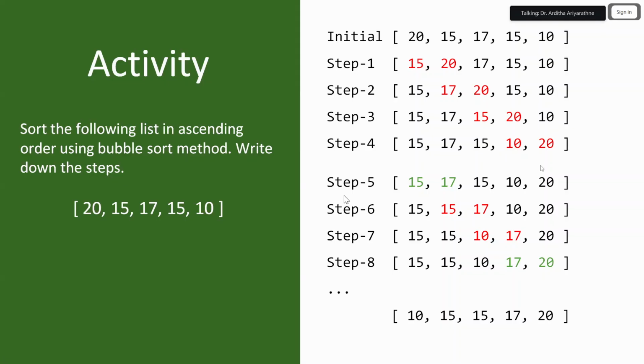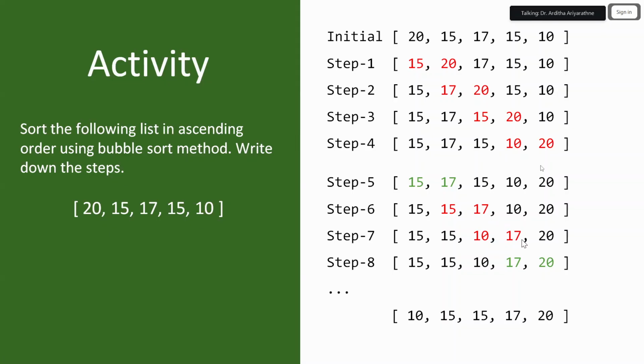Then in the second iteration, again we start from the beginning. 15 and 17, no need to swap. In the next round, 17 and 15, 17 is larger than 15, so 15 comes here, 17 goes there. And in the next round, we are comparing 17 and 10. 17 is larger than 10, so 10 comes here and 17 goes there.